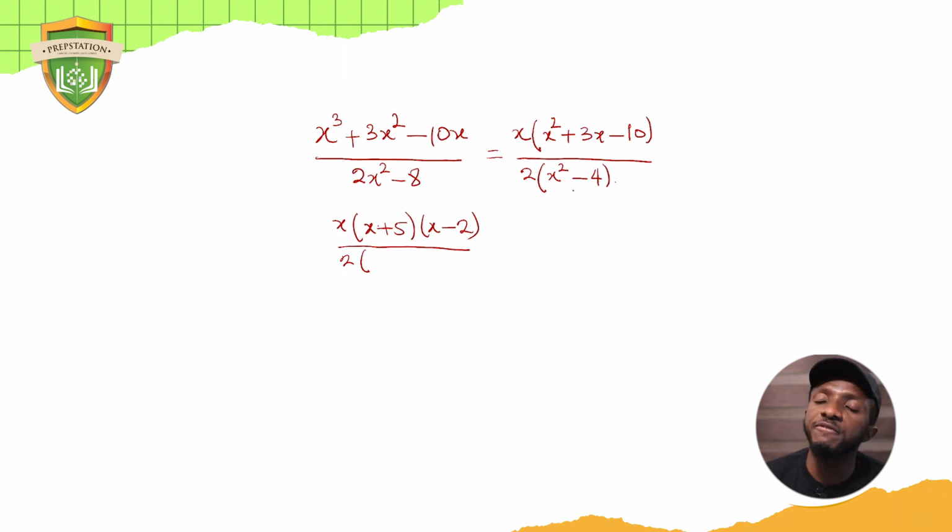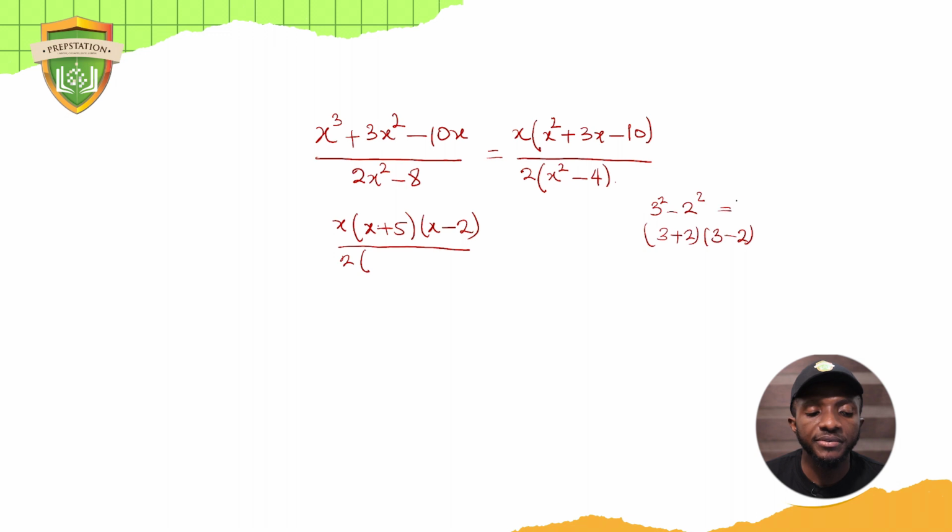This is difference of two squares. You must have come across this sometime ago in your math journey. This is difference of two squares. So if you have 3 squared minus 2 squared, it is expressed as 3 plus 2 and then 3 minus 2.